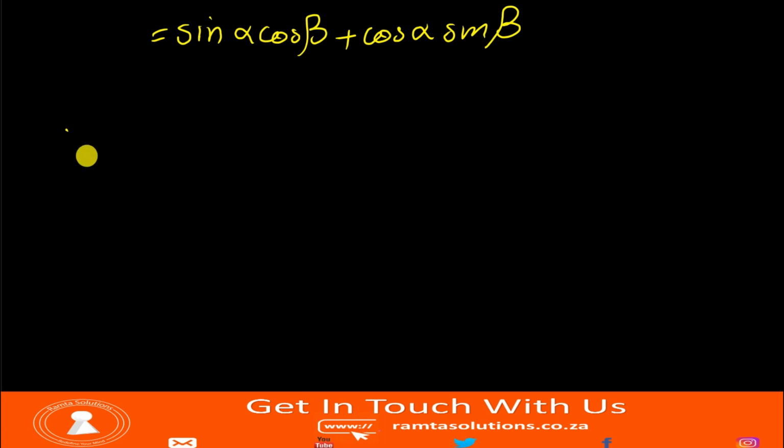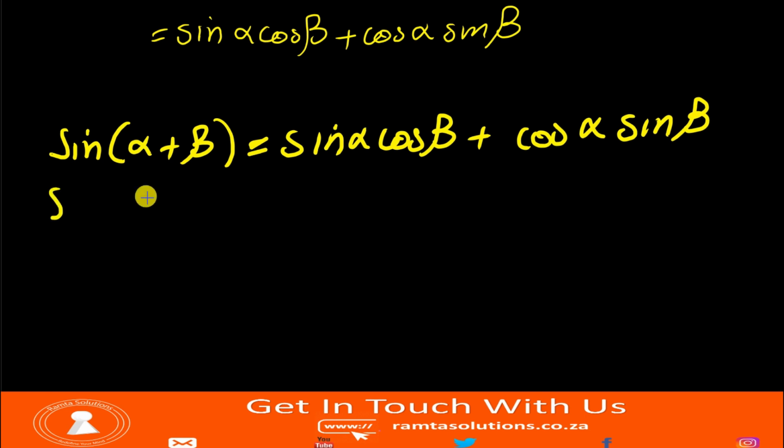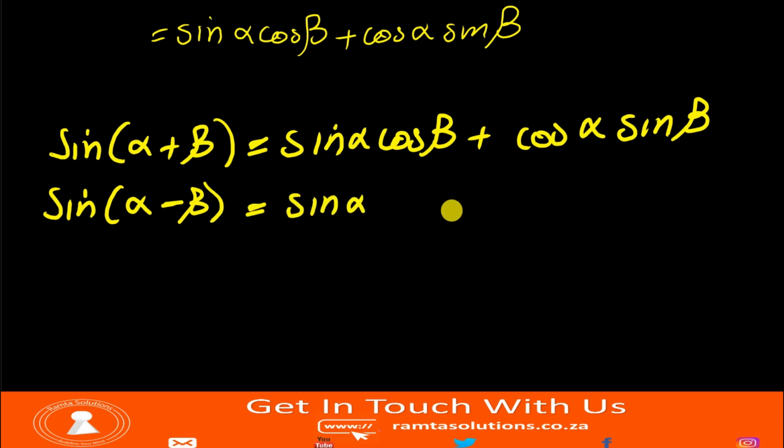So in other words, sine alpha plus beta is equal to sine alpha cos beta plus cos alpha sine beta. If you recall, sine alpha minus beta was sine alpha cos beta minus cos alpha sine beta.